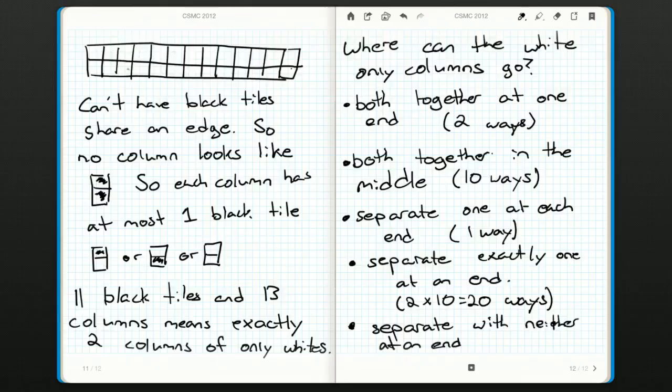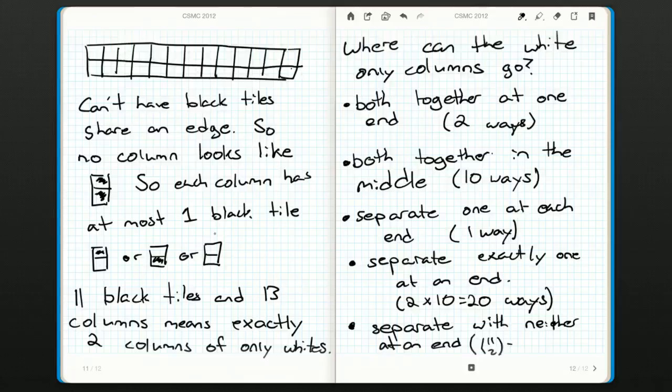Well, we're choosing out of these 11 columns, we need to choose 2 of them. But then we also need to ignore the cases where they're side by side. So there's 11 choose 2, which I think is 55.